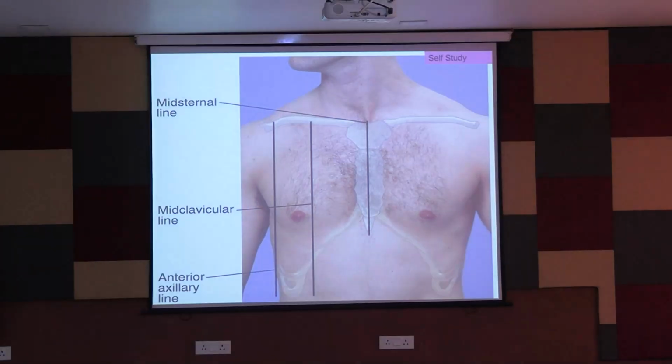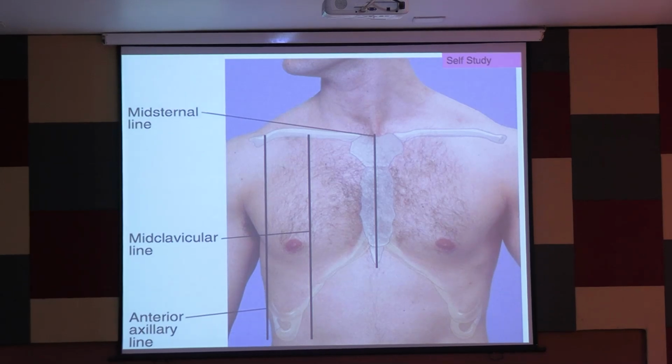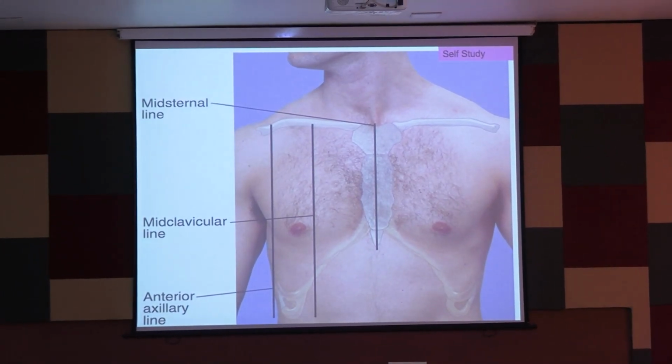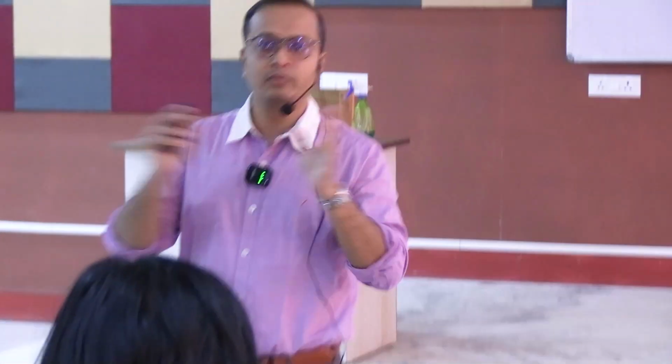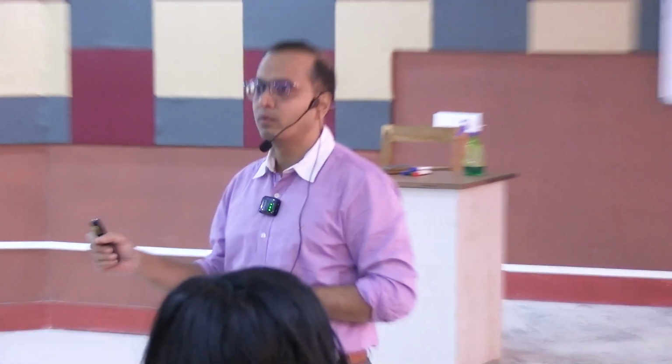Now, apart from these boundaries, we have surface lines. These surface lines matter whenever you are doing clinical examination, which is very important. Throughout our lives, we will be studying patients, so we have to follow these lines. We have the midsternal line, which is in the midline. Then we have the midclavicular line, the midpoint of the clavicle: we take the length of the clavicle from right to left and find the middle, and we call that the midclavicular line.